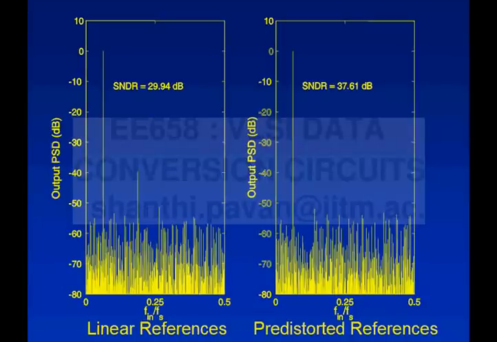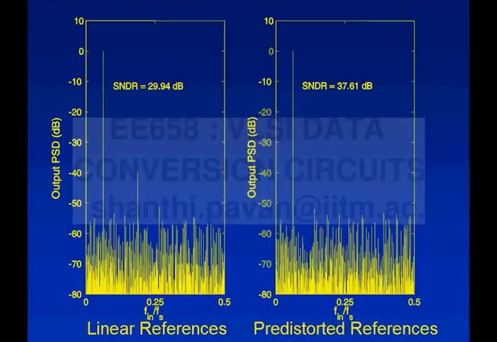So what issues are there? Before we go there, you run a MATLAB simulation just to make sure that you're not deceiving yourself. So this is some track and hold that we designed, and we have linear references. You can see that not only is this all quantization noise, this is the third harmonic.